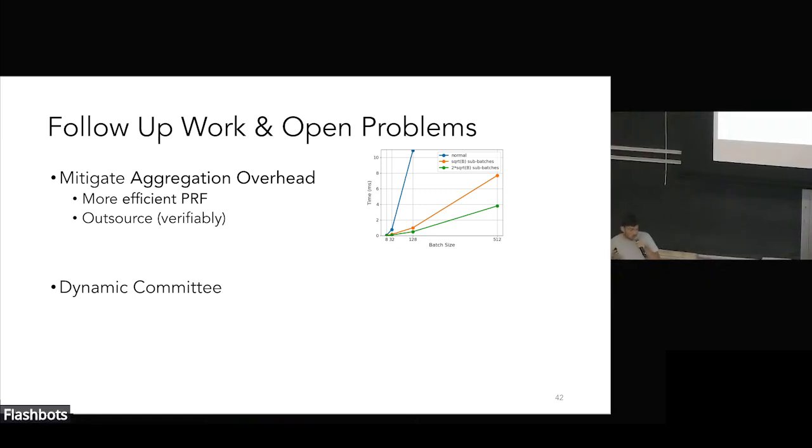So to this end, we have some follow-up work where we combine our work with the recent work on silent setup encryption, which allows us to completely adaptively start up a new committee without any interaction among the committee members required. And for this, we just pay with some small efficiency losses.